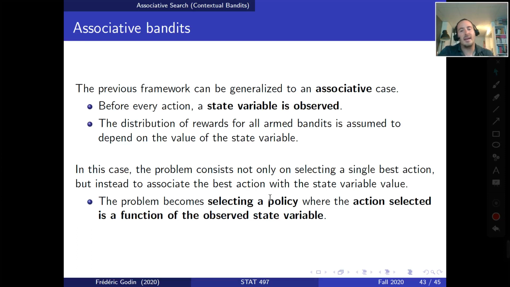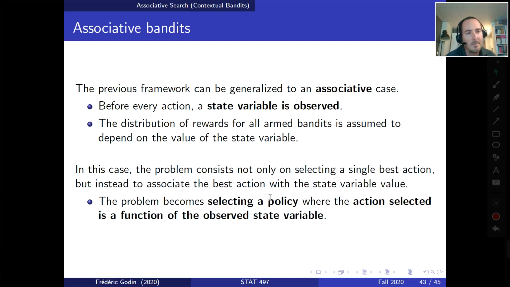Okay, so in that case, the K-arm bandit problem becomes not only to select an optimal action, but now the optimal action might be different in the different states of the nature. So you have to associate an optimal action with each state of the nature. Okay, so maybe in state 1 it's action A which is optimal.